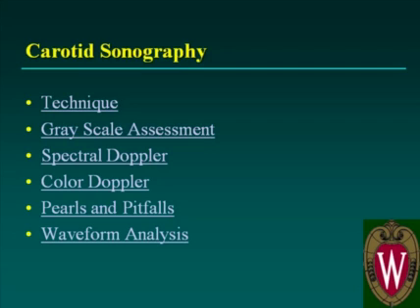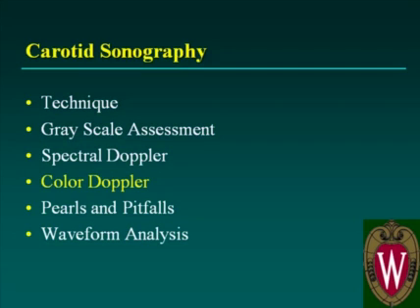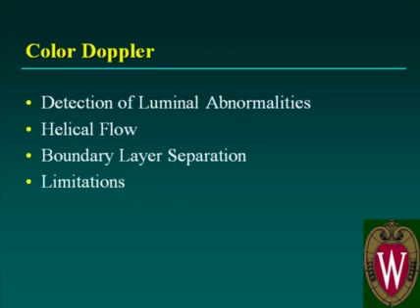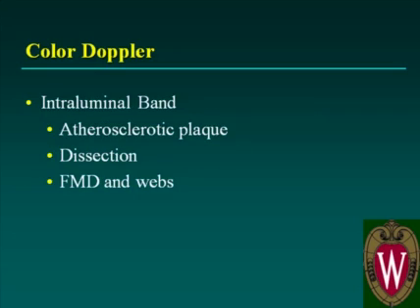All right, now to talk about some of the color Doppler factors to consider in the assessment of carotid stenosis. First of all, we'll talk about detection of luminal abnormalities, the presence or absence of helical flow and boundary layer separation, and finally some limitations of the carotid Doppler analysis.